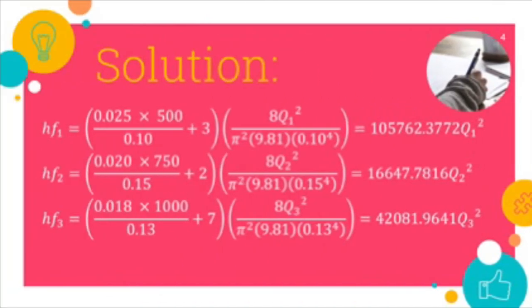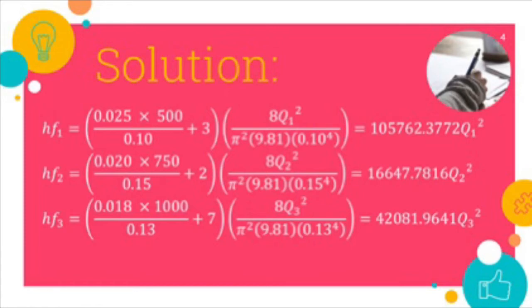And by substituting all the given properties on each pipe, HF sub 1 is equal to 0.025 times 500 divided by 0.10 plus 3 multiplied by 8Q sub 1 squared divided by pi squared multiplied by 9.81 multiplied by 0.10 raised to 4.